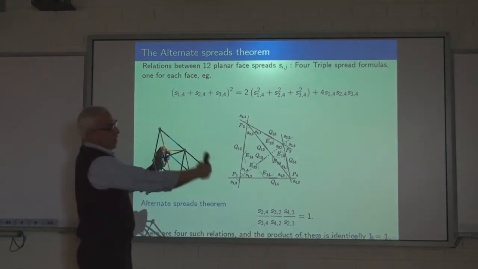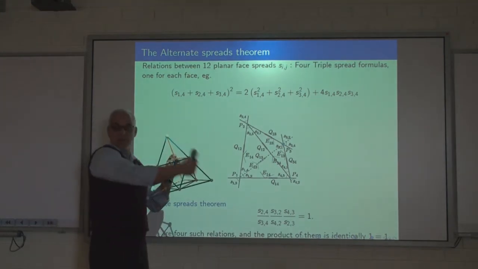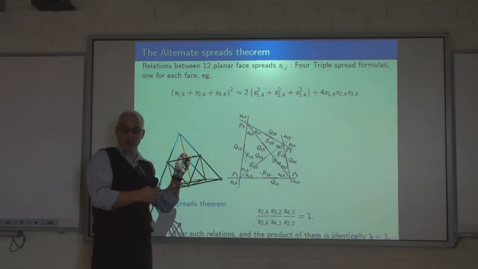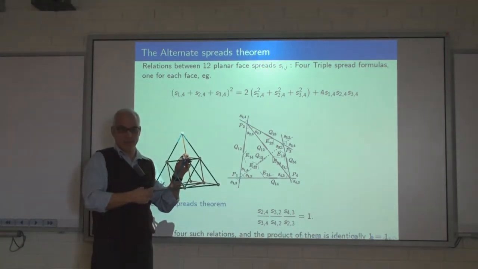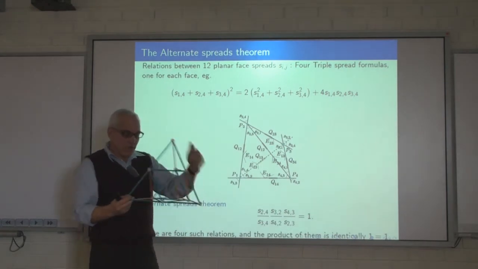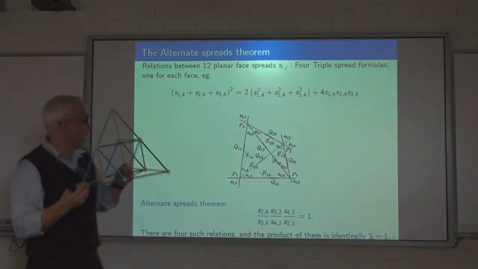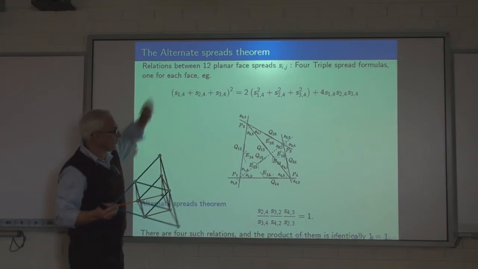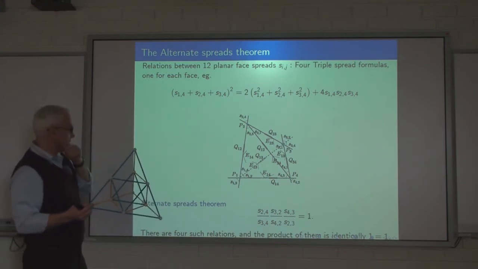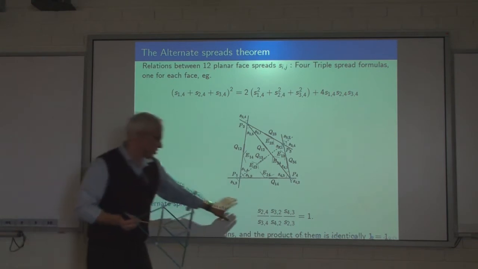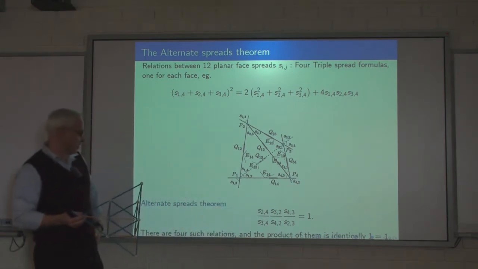That's an elementary consequence of the spread law if you think about it for a few minutes. Of course, in every triangle face, the 3 spreads must satisfy the triple spread formula. The analog of the sum of angles is 180 degrees. So of the 12 face spreads that we have, there are 4 such triple spread formulas and 4 such alternate spreads theorems.